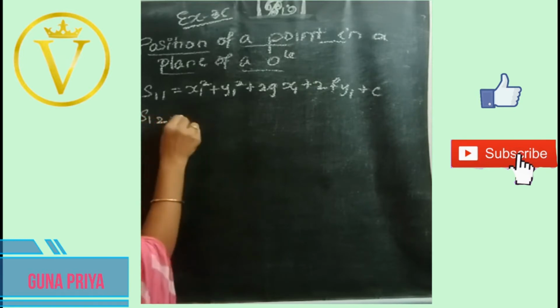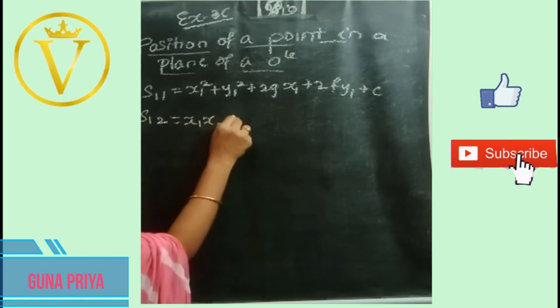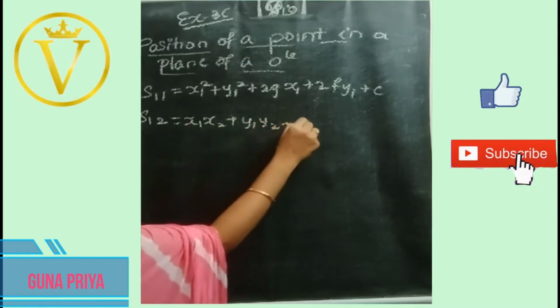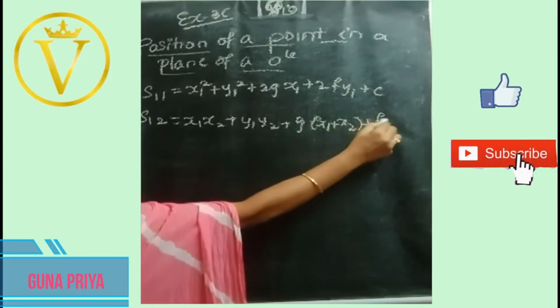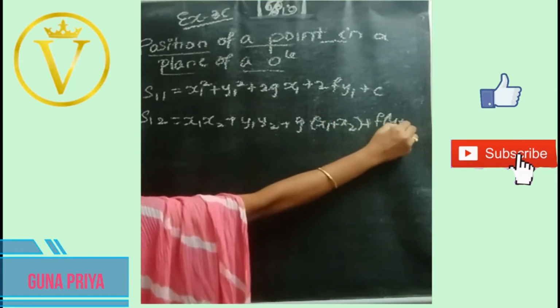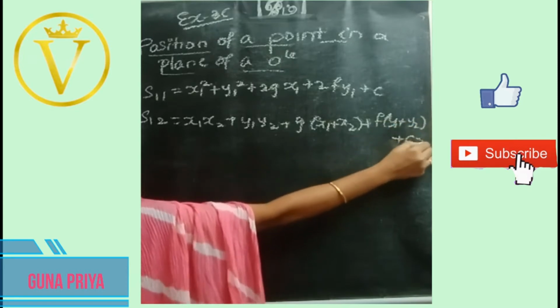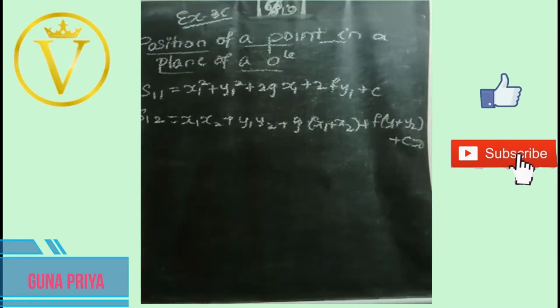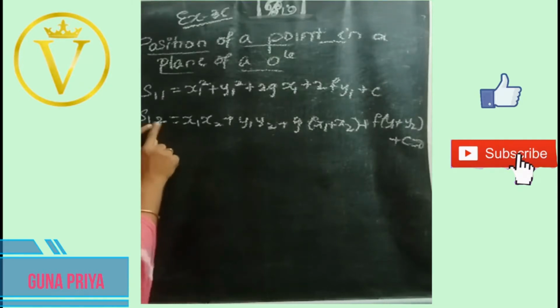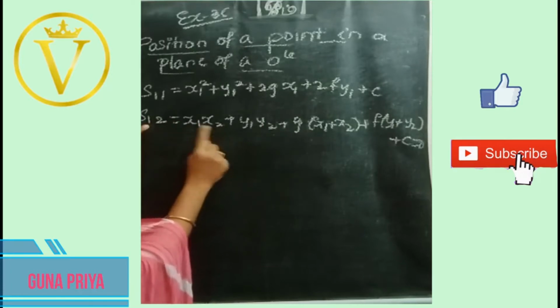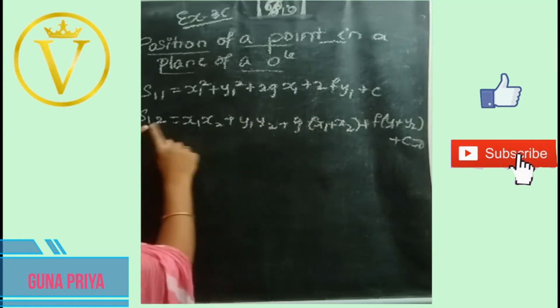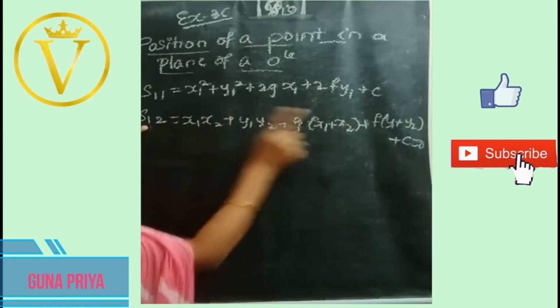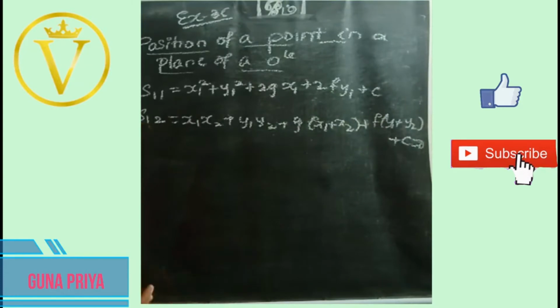And S12 means x1x2 plus y1y2 plus g of x1 plus x2 plus f into y1 plus y2 plus c equals to 0. From this only you can understand how you can write the position of a point. See here, S12 means first x1 and next x2, y1 y2, g of x1 plus x2, f of y1 plus y2 plus constant. Constant will be the same.